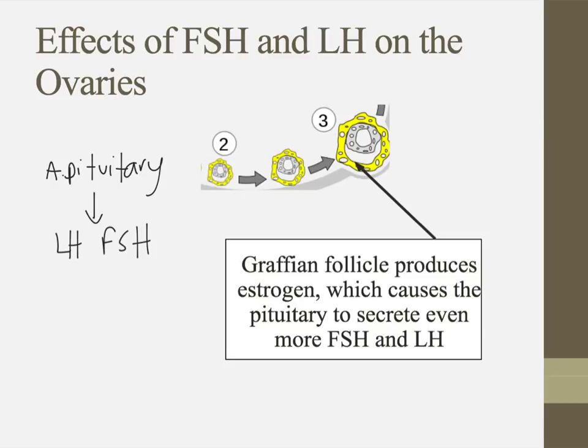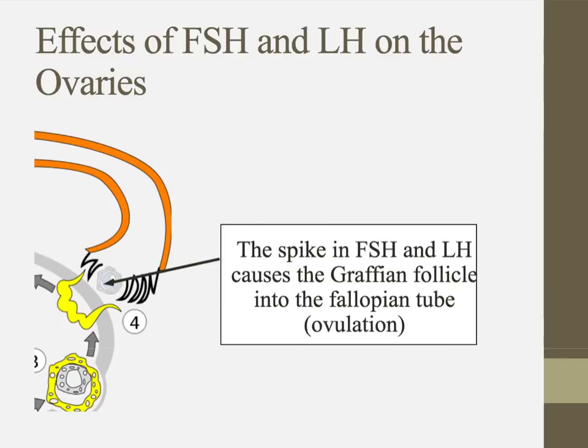The follicle actually secretes the estrogen, and that estrogen causes the anterior pituitary to produce even more of these hormones, which causes it to develop even more, which produces even more estrogen, and it just keeps going in a positive feedback loop. When those FSH and LH levels get really high, it's going to trigger ovulation, and that's when the follicle releases the egg into the fallopian tube.